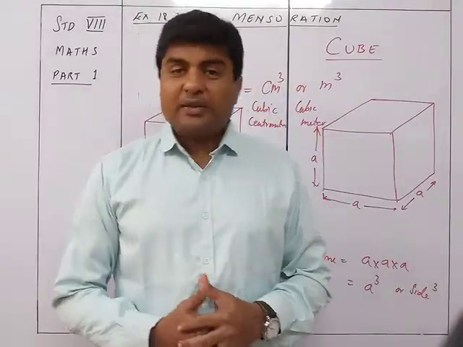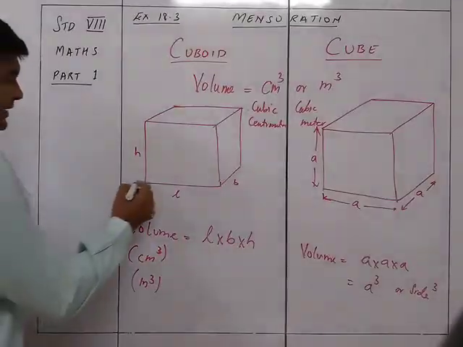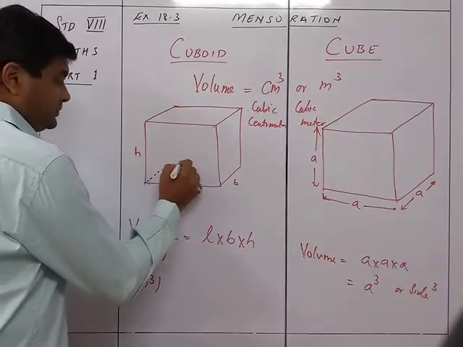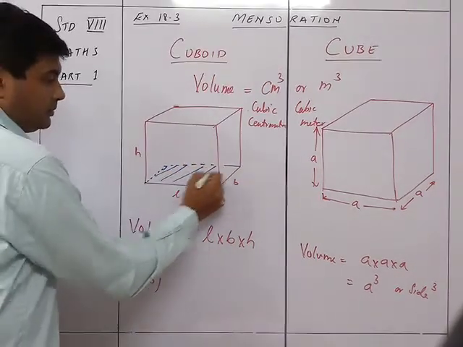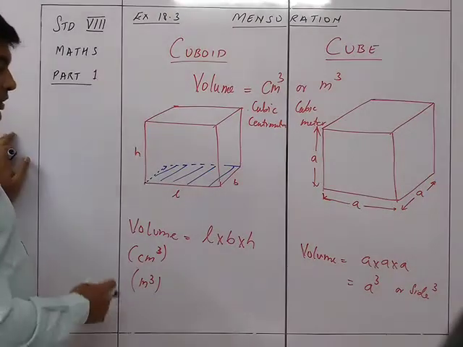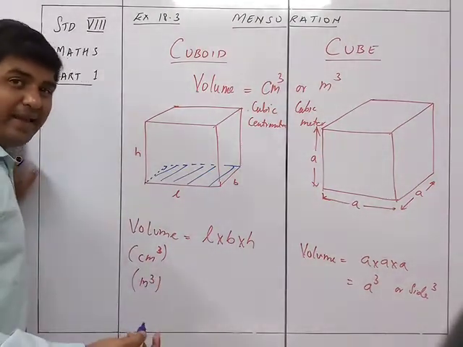Now another important thing we need to understand here is that you can see this is the base of the box. This L into B is nothing but the area of the base.